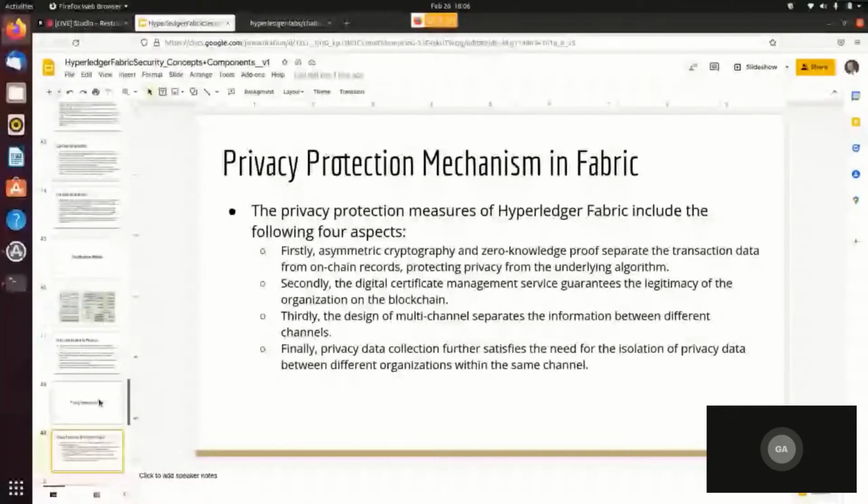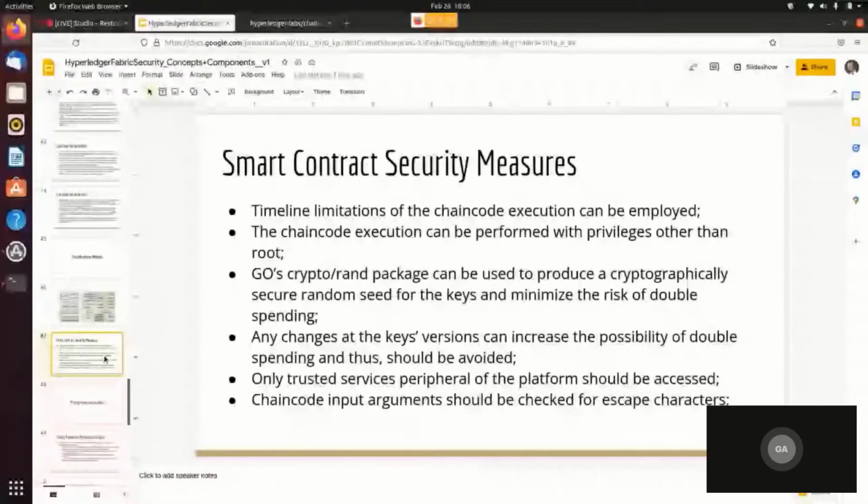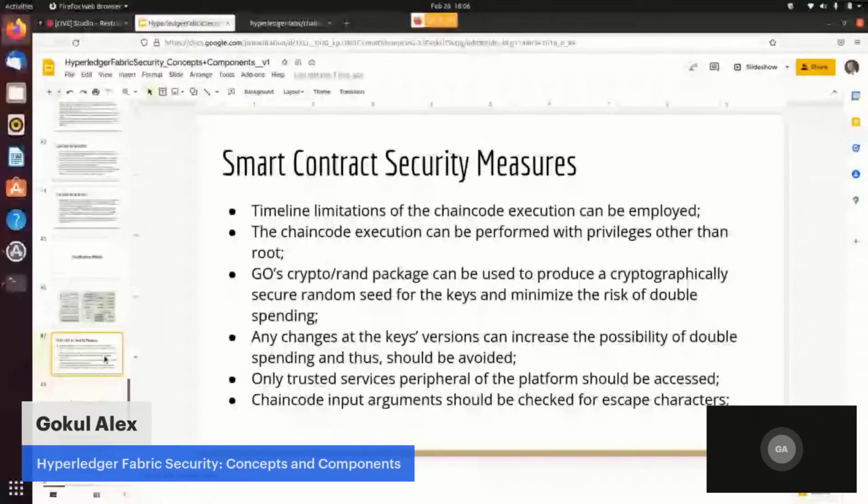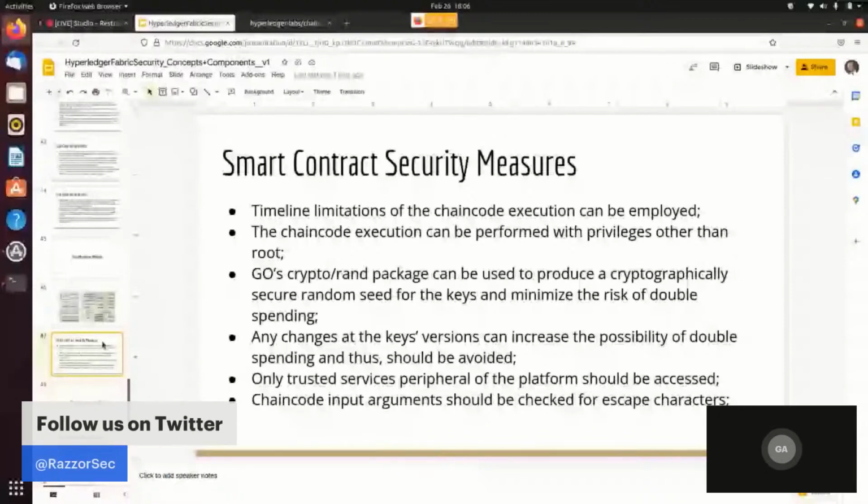But with this, what I have covered is the general architecture of Hyperledger Fabric, how it is different from other permissioned and permissionless blockchain protocols, what the key components for security are, what the attack vectors are, and what the risk mitigation methods are. With this, please let me conclude my session.